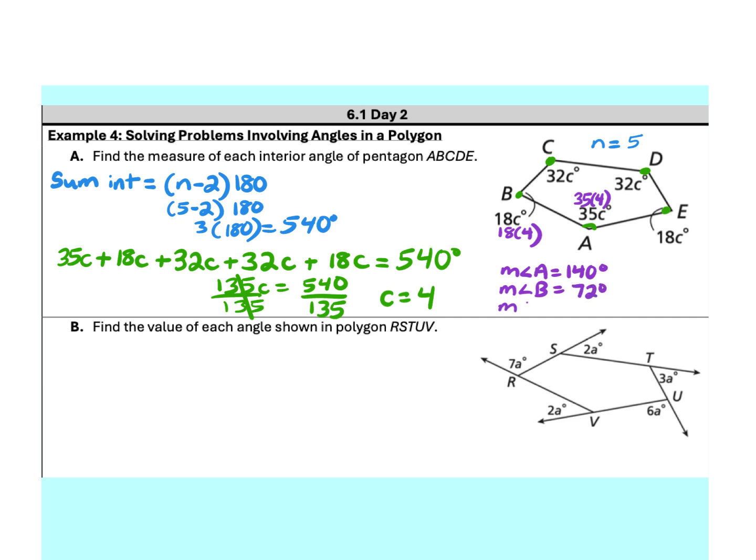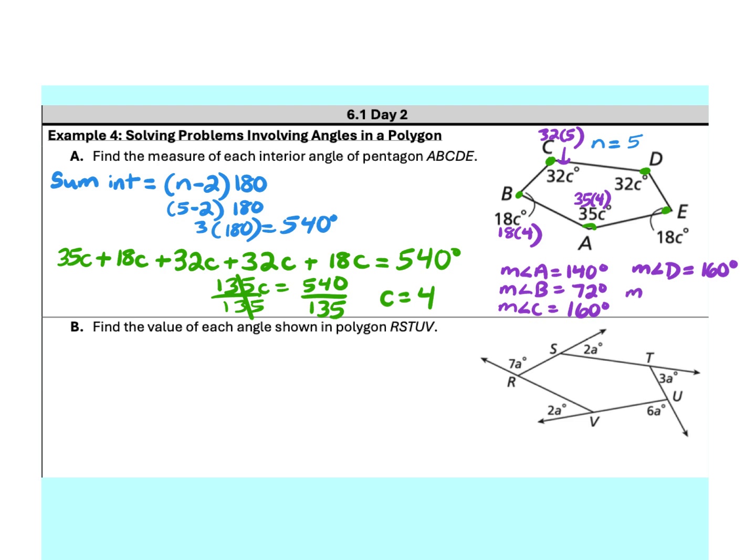Now the measure of angle C is 32C, so that's 32 times 5. And when you calculate that, it is 160. The measure of angle D is also 32C, so that's going to be the same thing, 160. And then E is 18C.